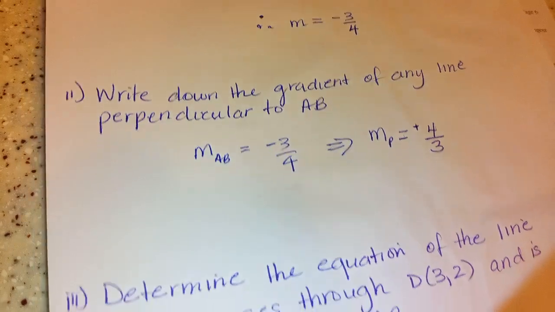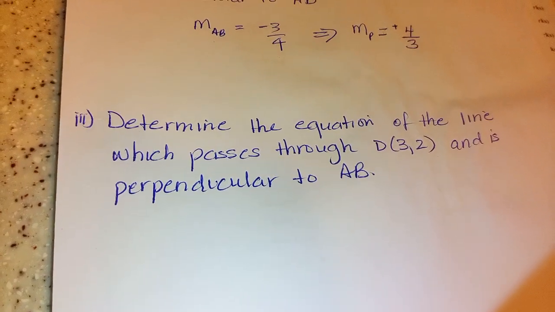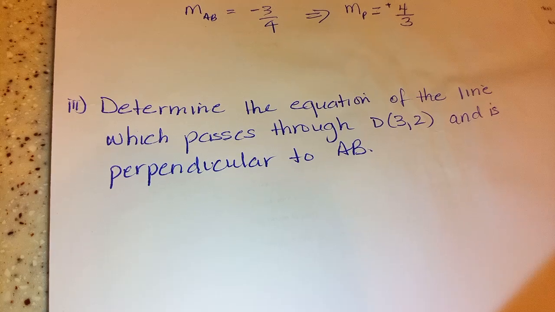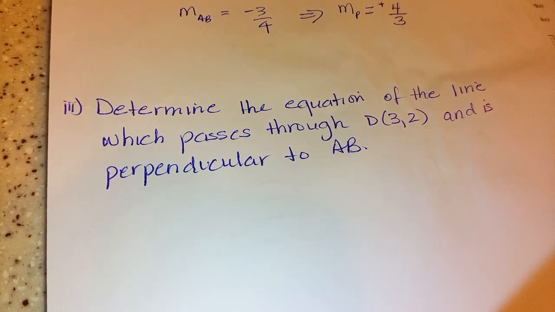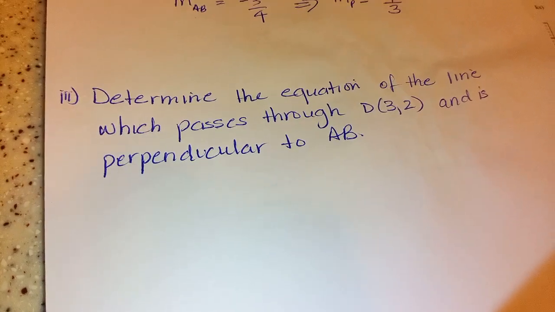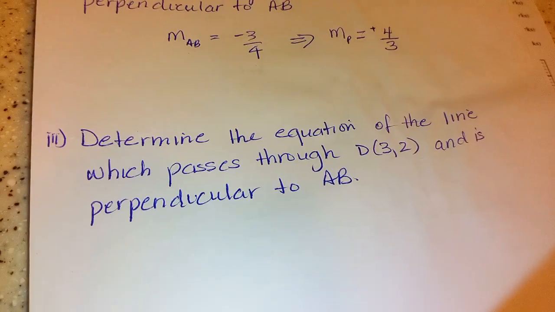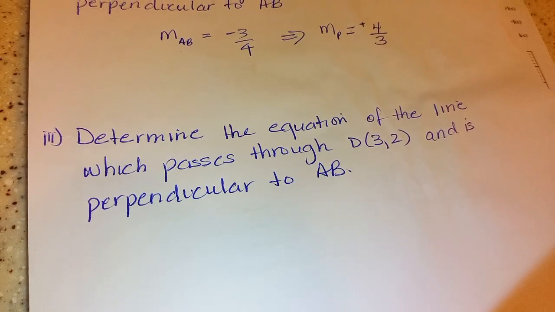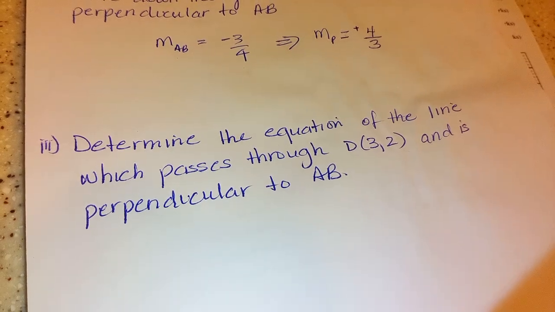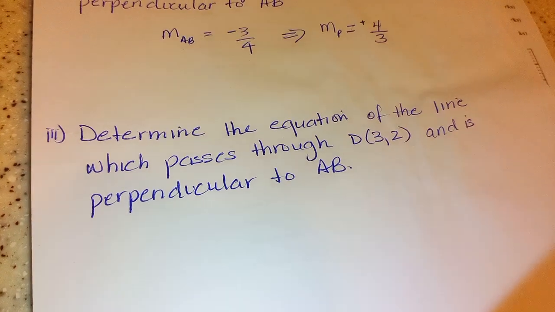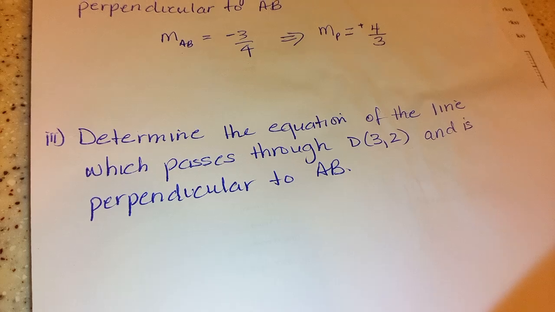Moving on to the last part of the question now, it says determine the equation of a line which passes through D and is perpendicular to AB. So they want the equation of the line that is perpendicular to AB. Now we do not need to get the line of AB in order to do this.